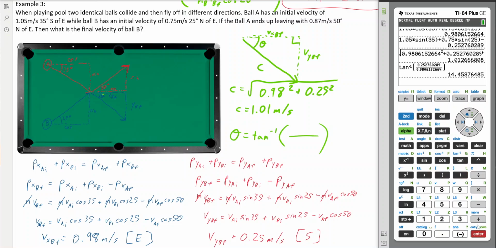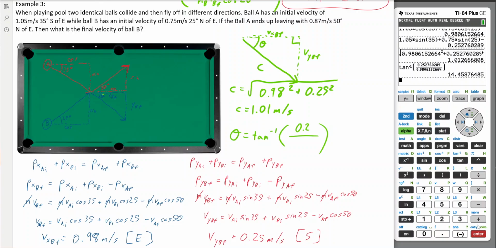Like I said, we want to keep all of our sig digs, but it's going to be roughly 0.25 over 0.98. So we're going to get 14.45 degrees.